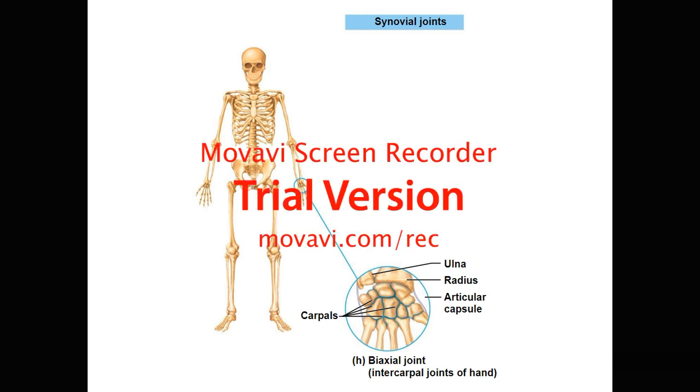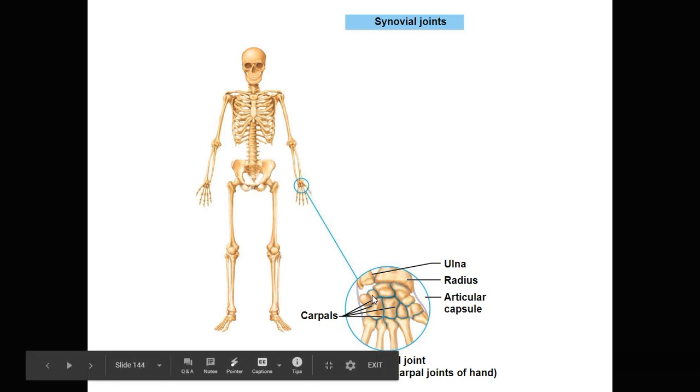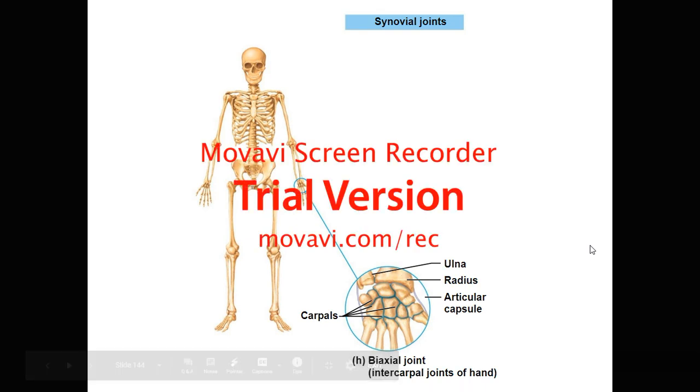Again, you see the radius and ulna, and you can see your carpals, and the blue that's highlighted in between your carpals are your intercarpal joints. Again, those are synovial joints, and they are biaxial, meaning there's movement in two planes.